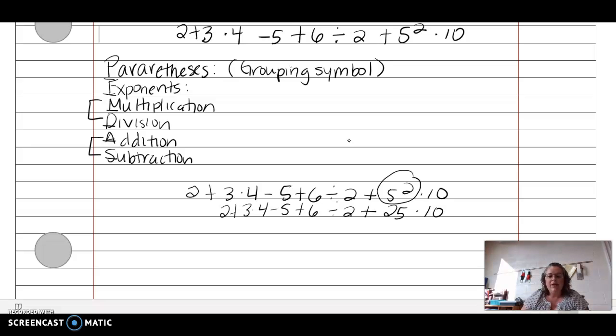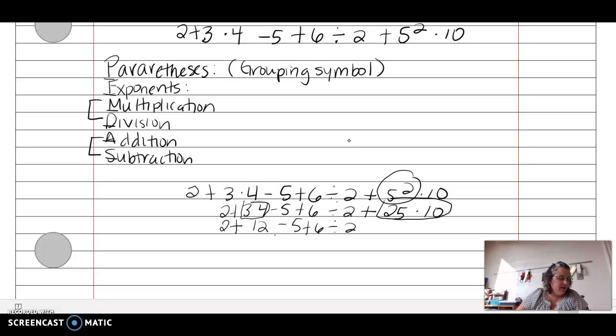Next thing on our list, since we got rid of all of our exponents, is multiplication. It does look like we have a 3 times 4 to do, and then a 25 times 10 to do. And you can do both of those at the same time, or you can do one at a time. I'm going to try and do both. So we have the 2 plus 3 times 4 is 12, minus 5 plus 6 divided by 2.